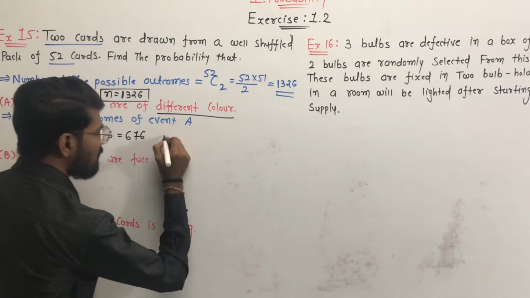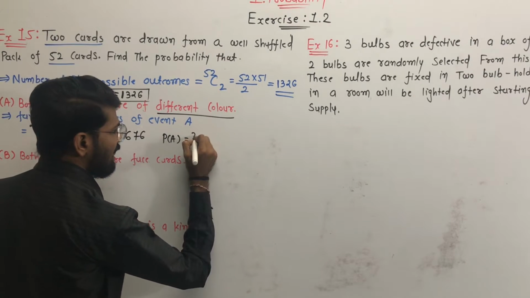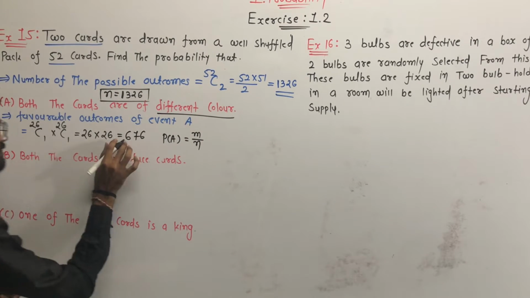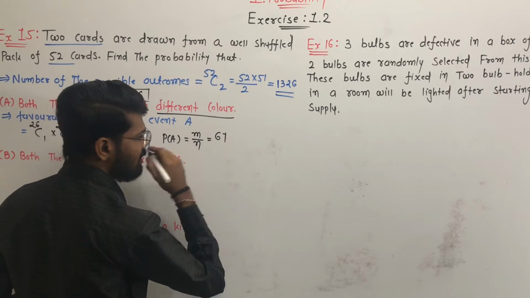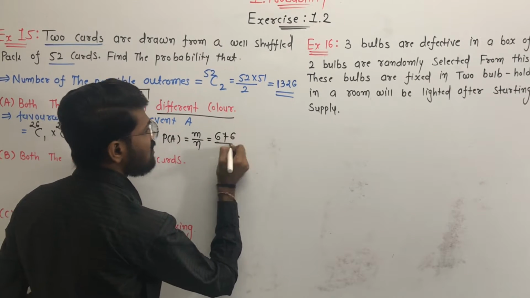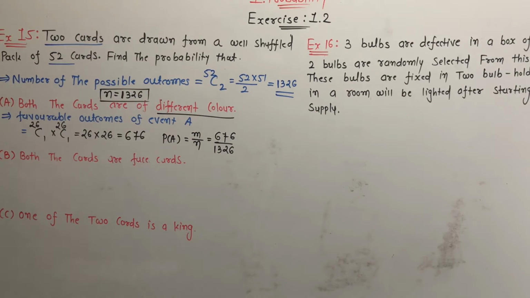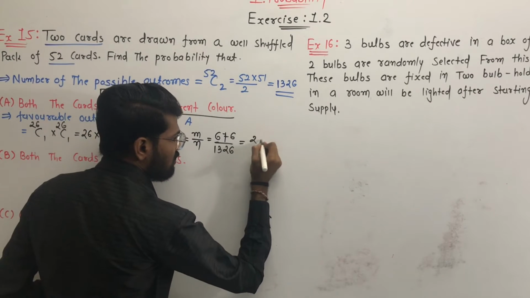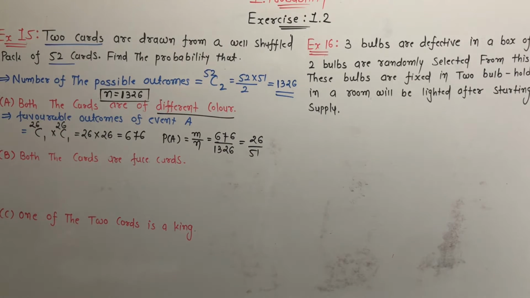The probability of event A, P(A), is equal to m by n, which is 676 upon 1326, and our answer is 26 upon 51. Clear?